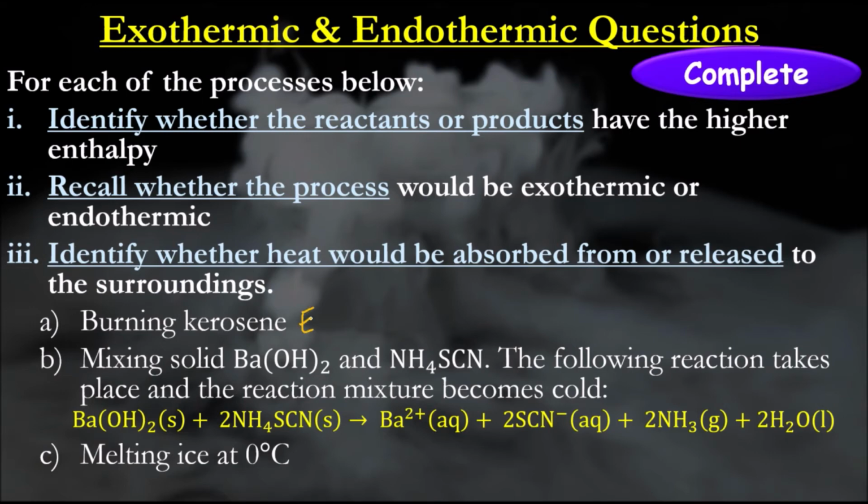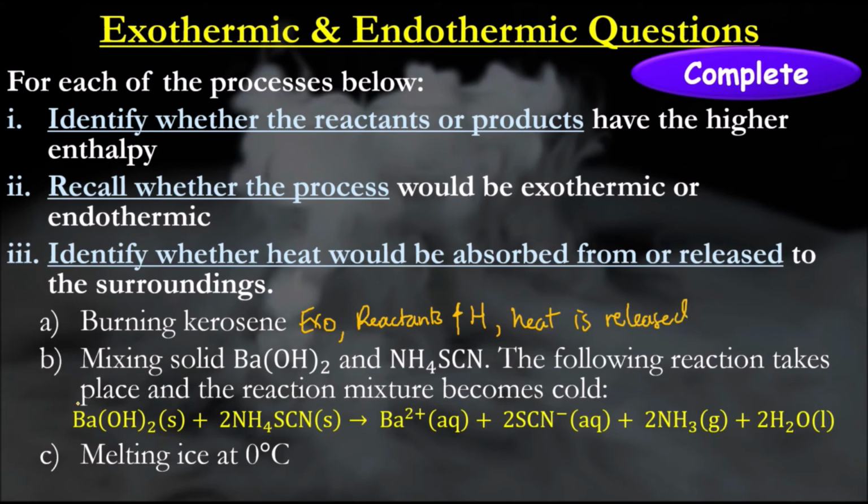So let's just get that across first. Obviously you don't have to do this in the same order, but there's that. If it's exothermic, that means the reactants will have a higher enthalpy than the products. So in this case, that also means that heat is released.